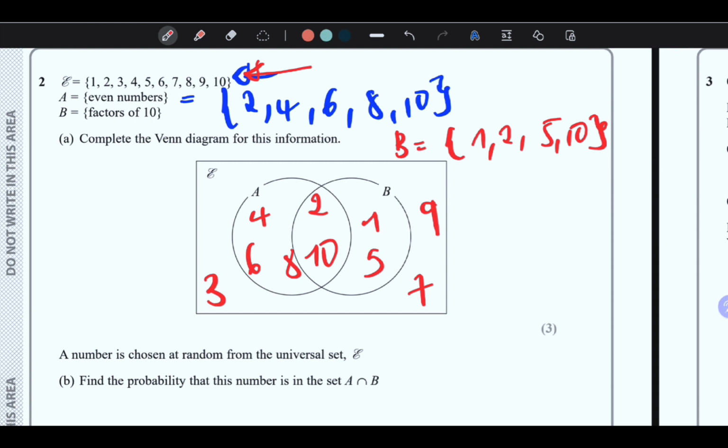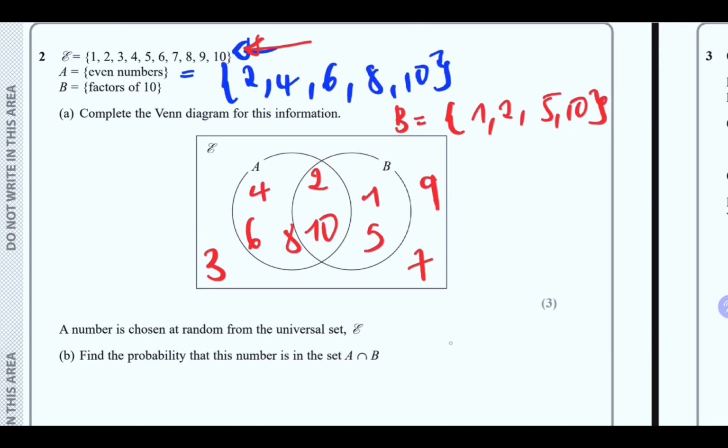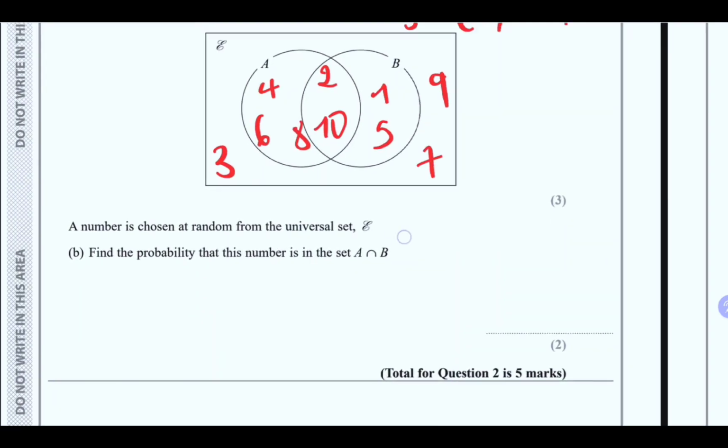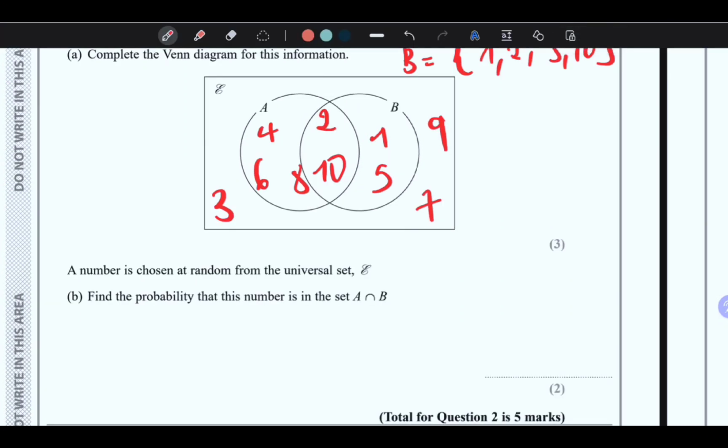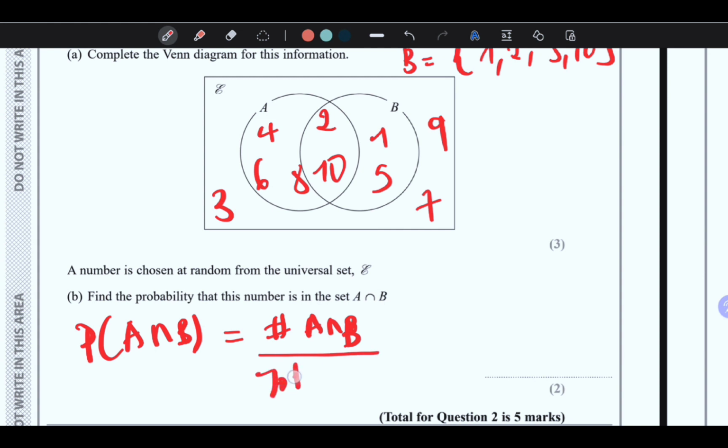The second part of the question says a number is chosen at random from the universal set. Find the probability that this number is in the set A intersection B. So we're going to find the number of numbers in set A intersection B divided by the total number of numbers in the universal set.